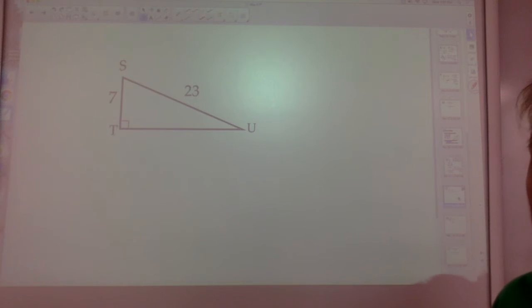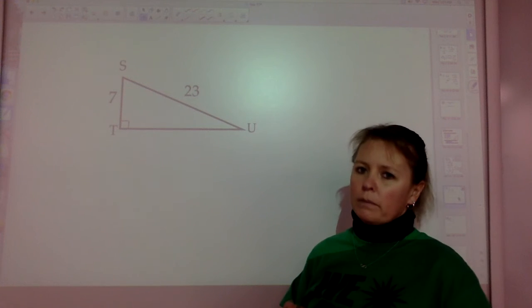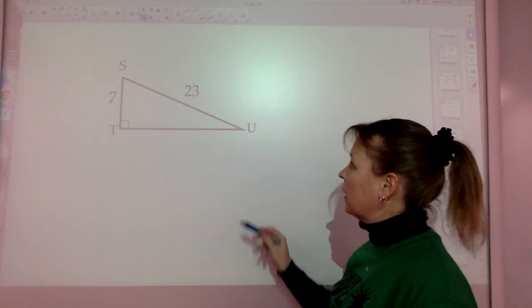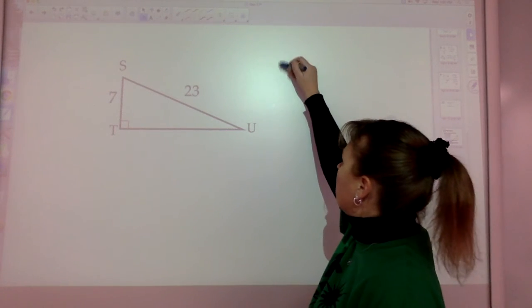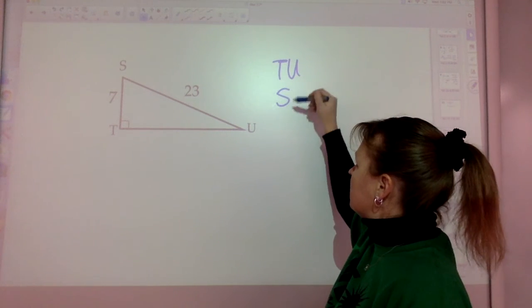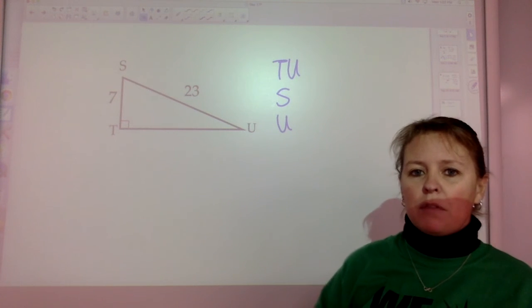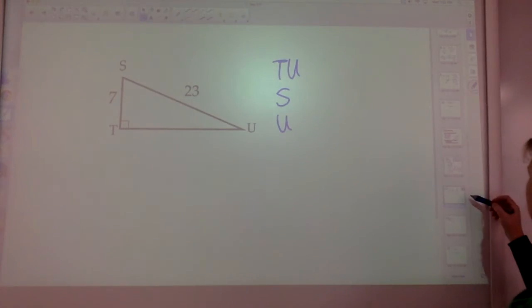I would say go ahead and solve this one by yourself, but I already know what mistake some of you are going to make. First, check and see what we're missing. We definitely don't have a TU, we don't have angle S, and we don't have angle U. What do we do when we have two sides and not the third side?